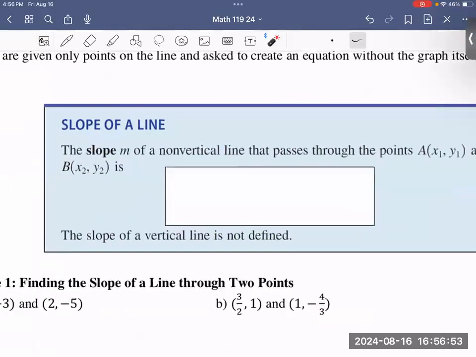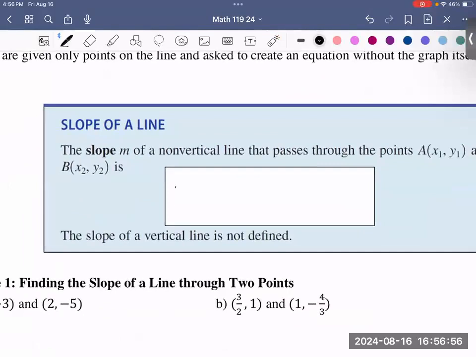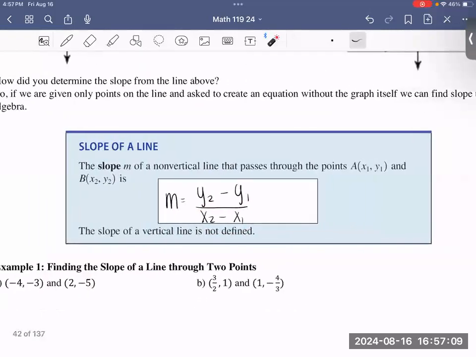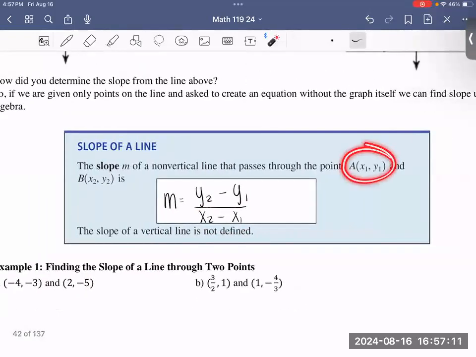Well, the first thing to know is the slope. Slope has an equation: y2 minus y1 over x2 minus x1, the change in your y over the change in your x. Now, y2, y1, x2, x1 are just points given to us at the very beginning of the problem.